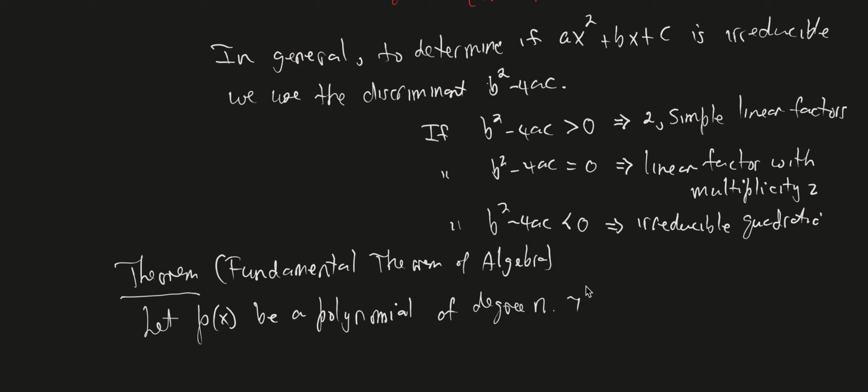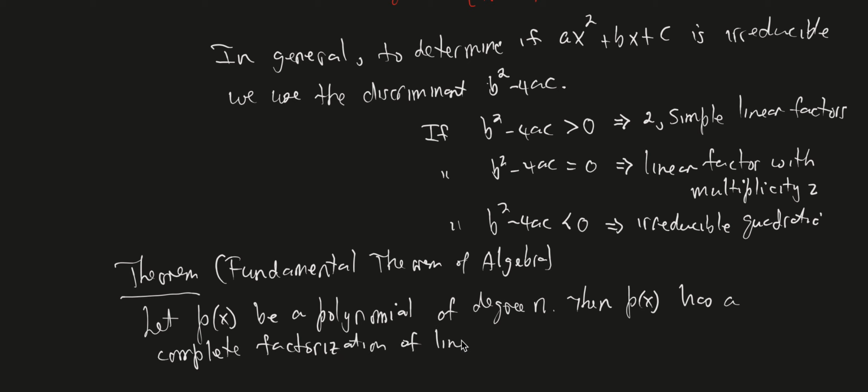Then p of x has a complete factorization, meaning fully factored, that consists of linear and irreducible quadratics, right? Over real numbers.